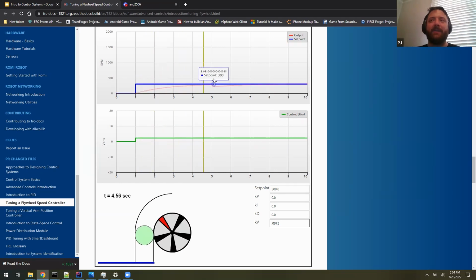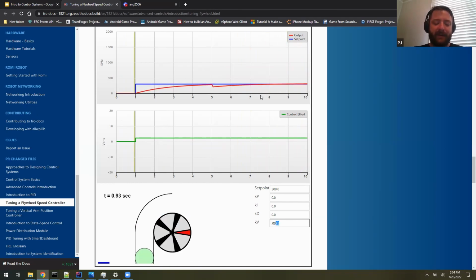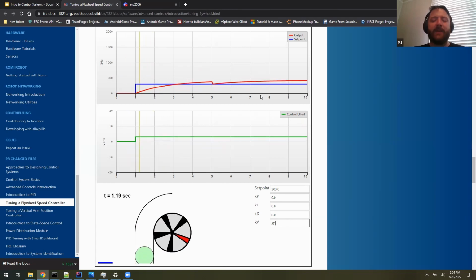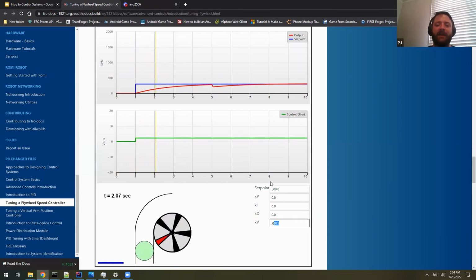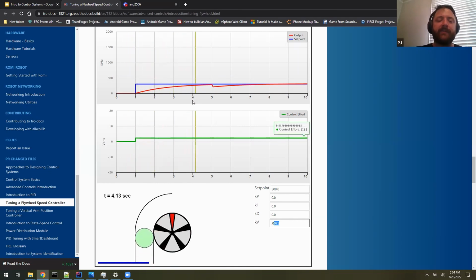Oftentimes the very first time the shooter's done, we get it close enough. I might have been fine with that if it's the very first time we're running it, just so the mechanical people can see how it shoots a ball. But eventually, when we have the time to sit down and really grind it in, I would like to get it looking more like this.